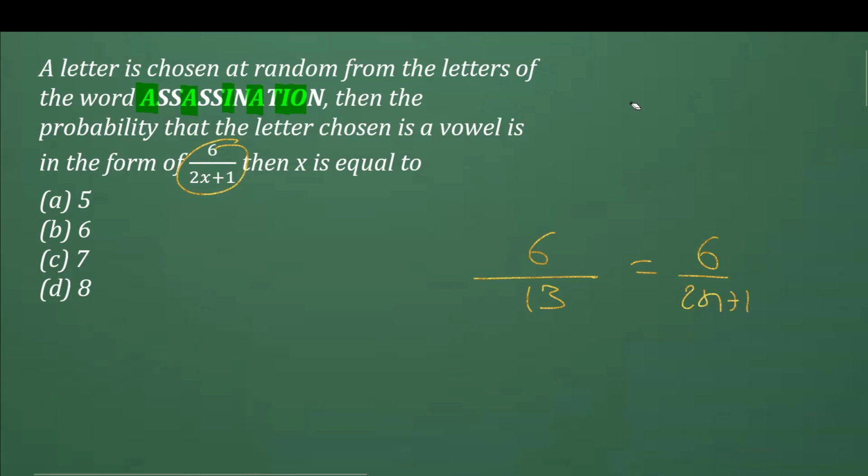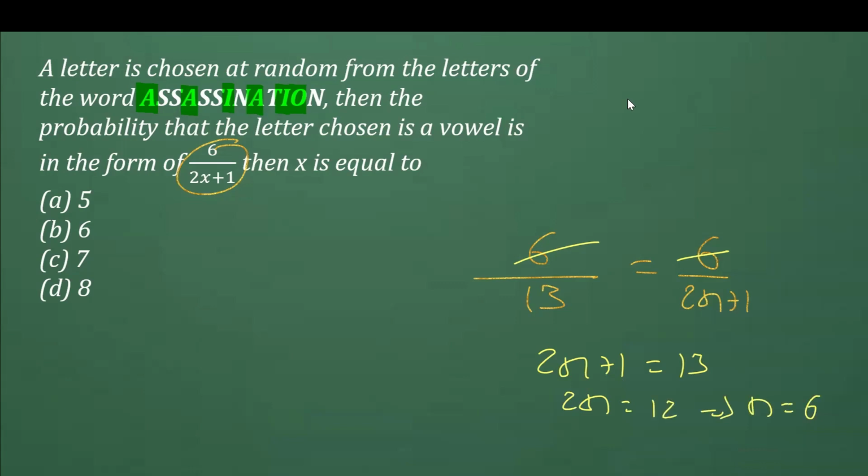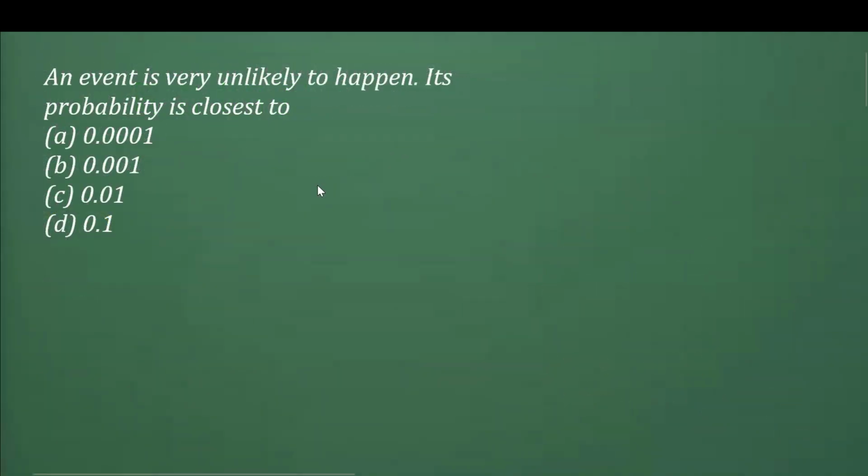Now it's very simple to calculate from here. If I cancel the 6, by cross multiplication we get 2x plus 1 is equal to 13. That implies 2x is equal to 13 minus 1, which is 12. From here, I can say x is 6. So yes, B is the correct option in this case.